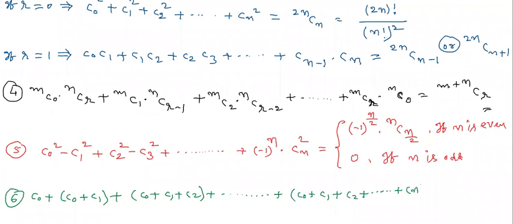See here, each bracket is increasing one term. So that answer is n into 2 power n minus 1. This is the statement.